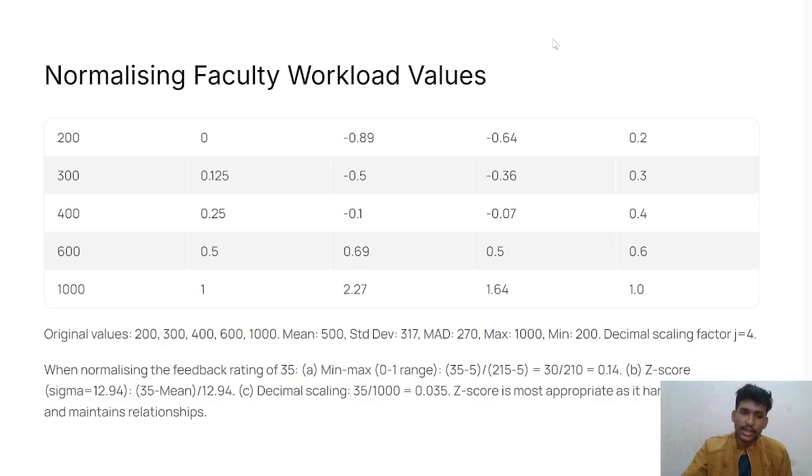So here is the table, original values are given. When normalizing the feedback rating of 35, comparing min-max 0 to 1 range, Z-score, and decimal scaling, decimal scaling is the most appropriate as it handles outliers and maintains relationships.